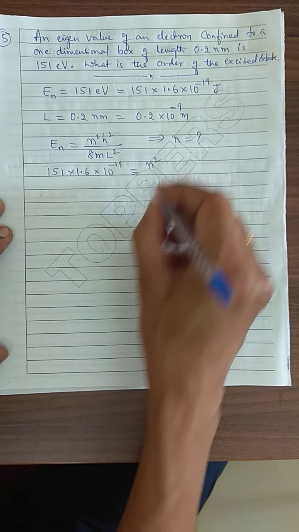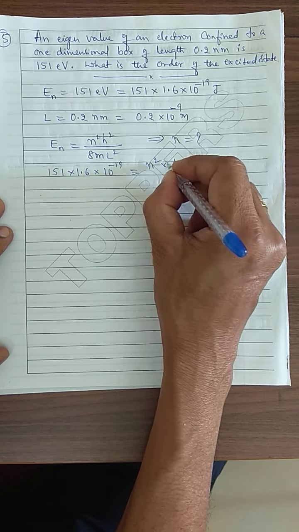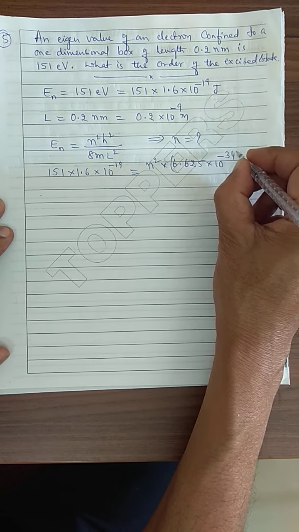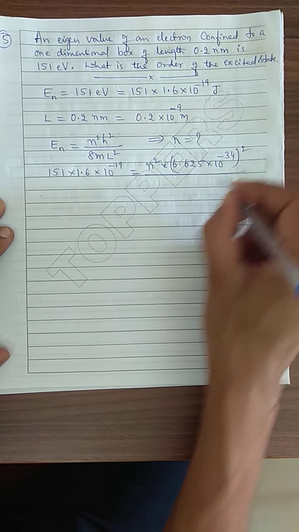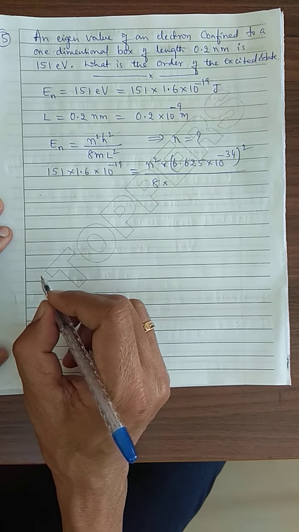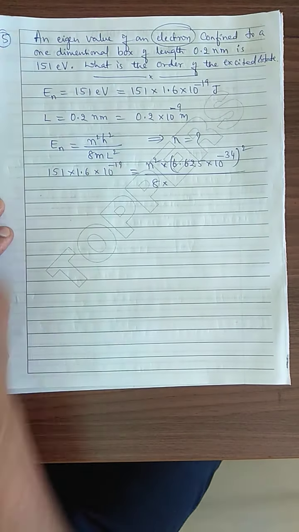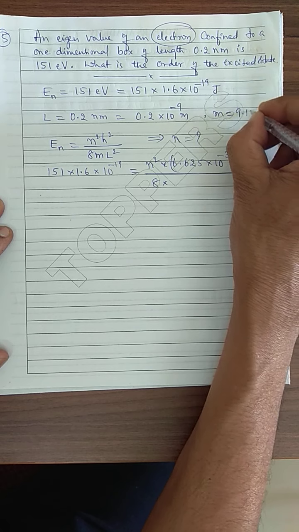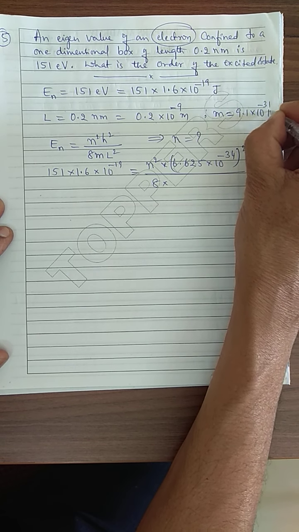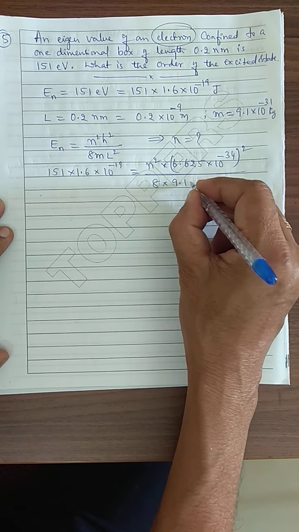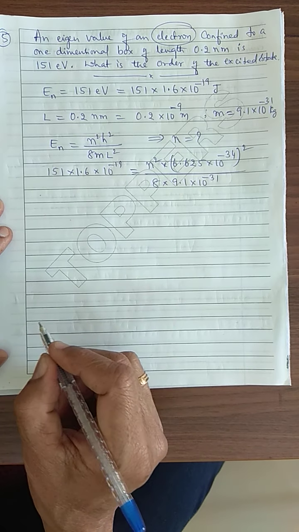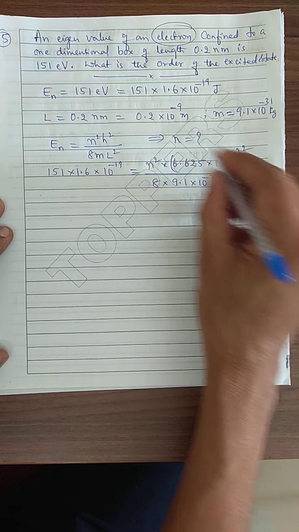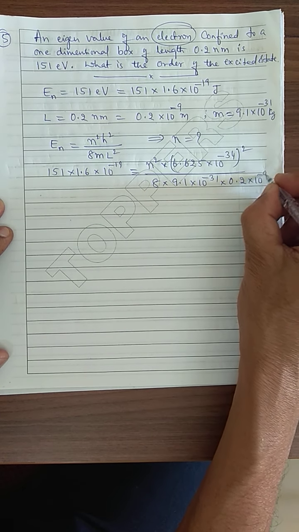We calculate with the h value 6.625 × 10^-34 whole square, divided by 8. Electron mass is 9.1 × 10^-31 kg. L is given as 0.2 × 10^-9 whole square.